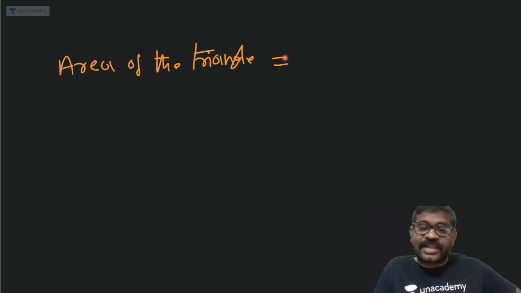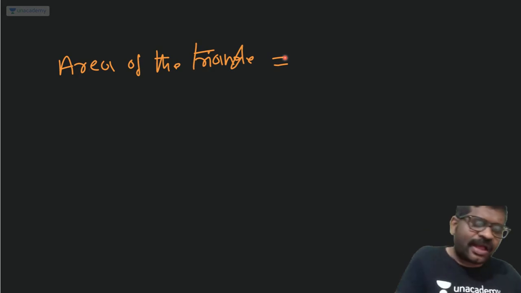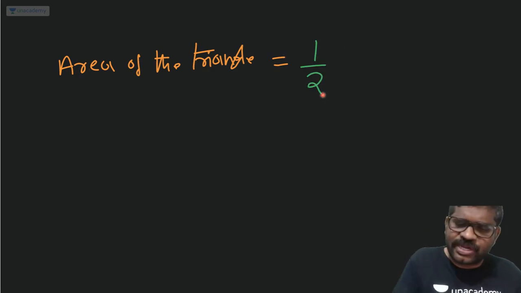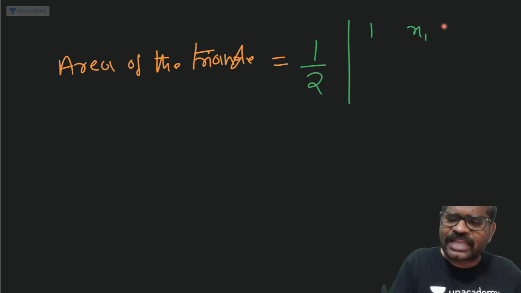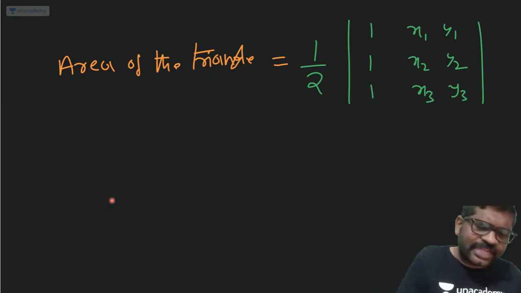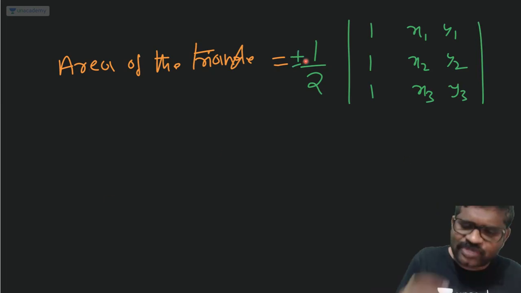The area of the triangle is given by half into the determinant of 1 x1 y1, 1 x2 y2, 1 x3 y3. Actually we have to write plus or minus 1 by 2.